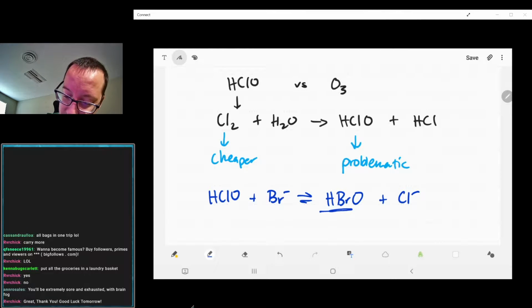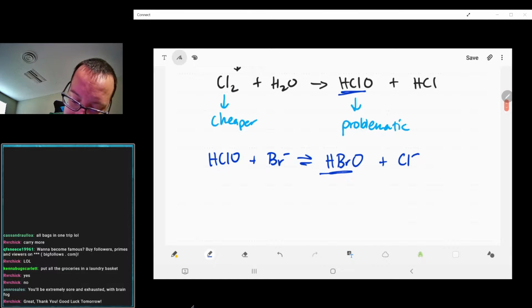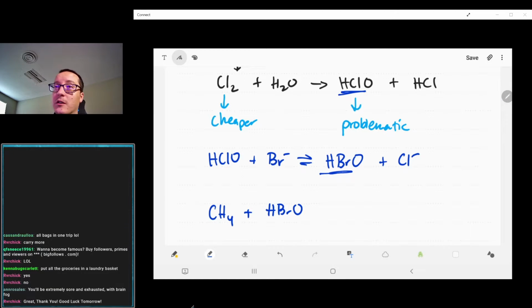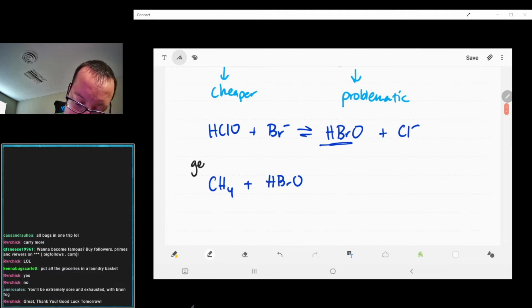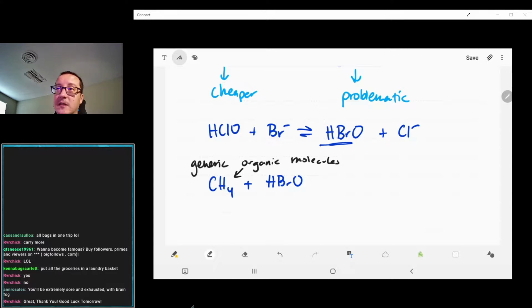And these two things can react with things like methane in the water, or just generic hydrocarbons. Just using methane in this case, for any small amount of methane in there.